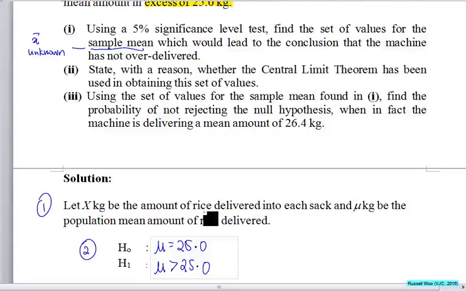Because whenever we do hypothesis testing, if we reject H naught, then we say that there's significant evidence that the mean is very far away from your assumed mean. This is more or less true. So when you read the question, it's like that. Therefore, it's set up in H1 like that.